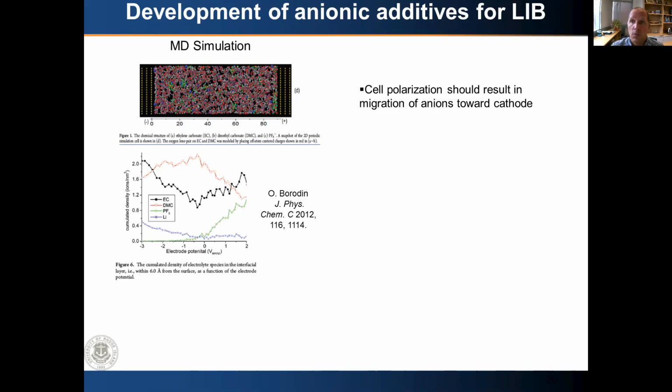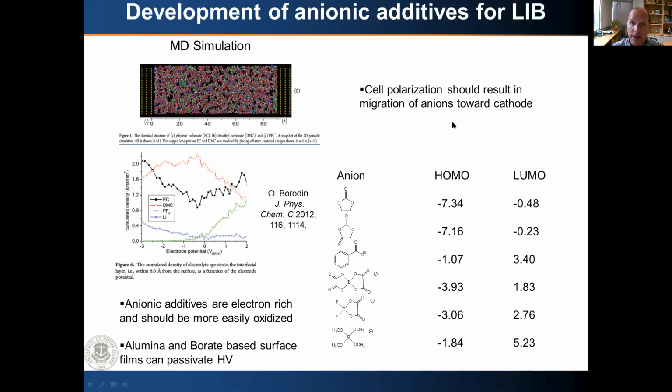So we can take advantage of the fact that cell polarization results in the migration of anions towards the cathode by trying to design anionic-based electrolyte additives. Because if we have an additive which is anionic, it's both going to be polarized towards the surface of the cathode, and it's also going to be electron-rich, which is going to result in easier oxidation of the material.